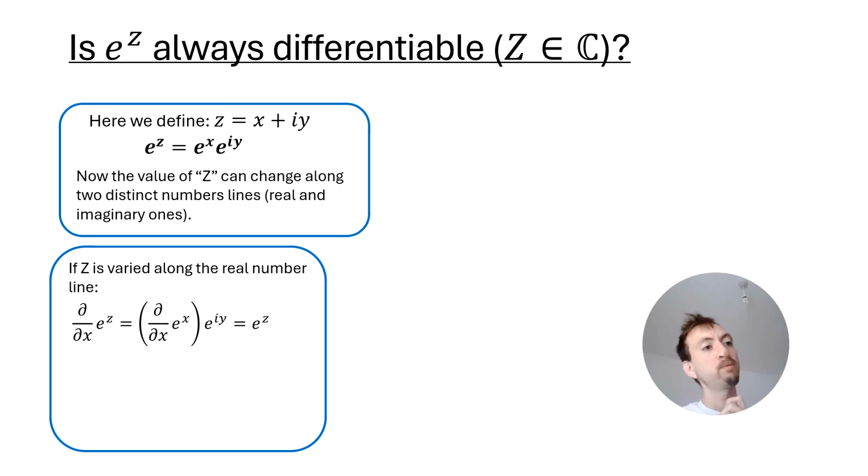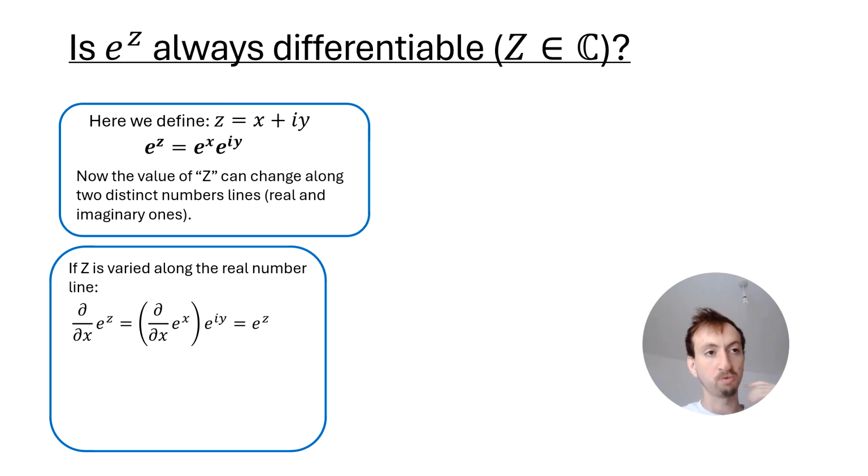So if we're differentiating a complex variable, I'm going to use partial derivatives rather than ordinary derivatives, because we're changing our input z along a particular direction.